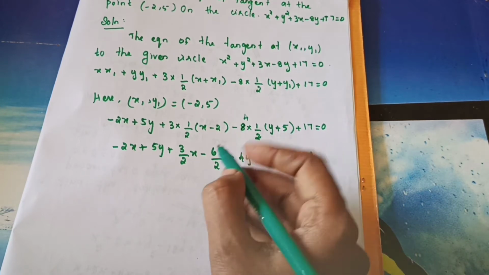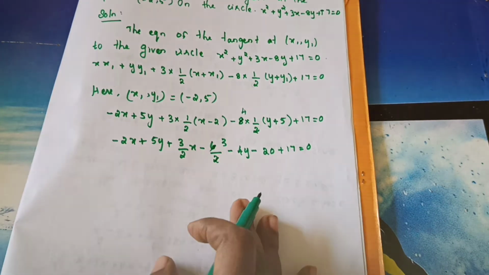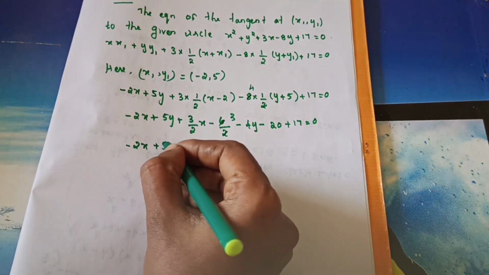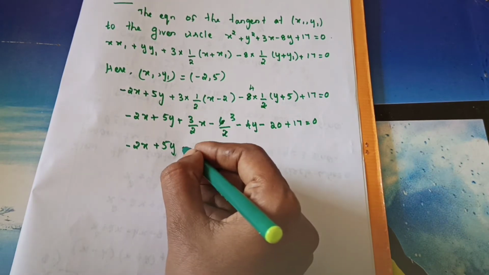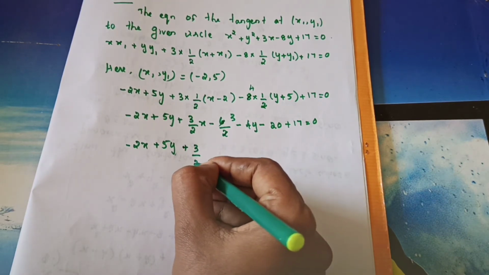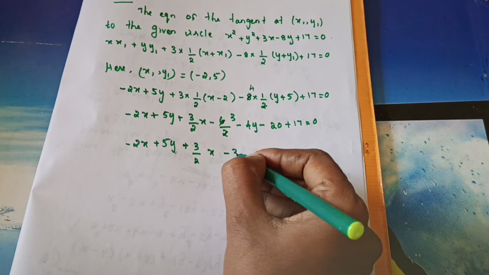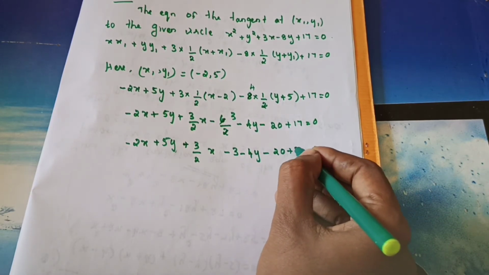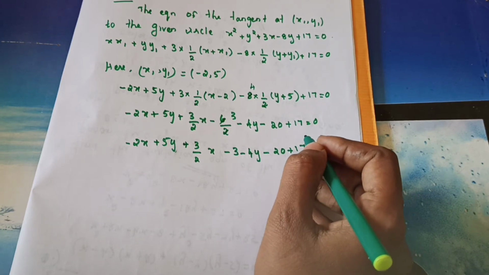Do it very carefully. So this also will get cancelled. So what's the balance? Minus 2x plus 5y plus 3 by 2 into x minus 3 minus 4y minus 20 plus 17 is equal to 0. Okay.